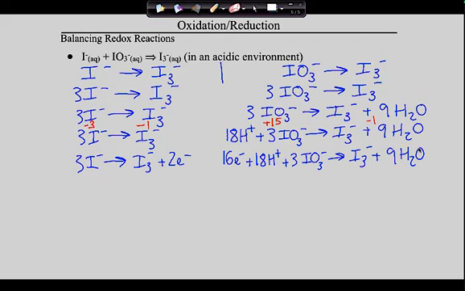Oxidation. When electrons are a product, that's an oxidation. So we now know that this is our oxidation side. If this is the oxidation, the other one's got to be reduction. So where do the electrons have to be? The reactant side, and sure enough they are. So guys, this is a good place to make a check. I'll just write in a double-headed arrow as my reminder, but it even points at the electrons.